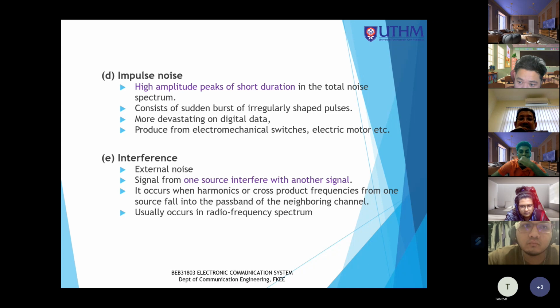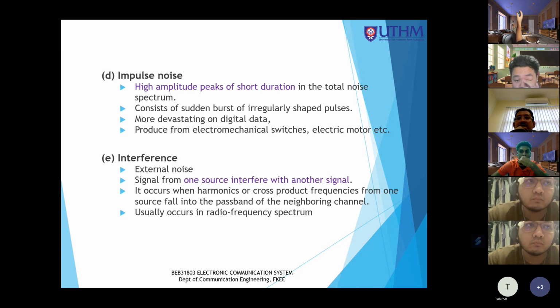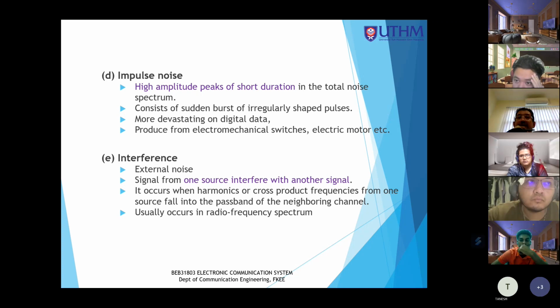So it consists of sudden bursts of irregularly shaped pulses. So impulse noise ni adalah satu noise yang mempunyai amplitude yang tinggi tetapi pada masa yang sangat singkat. Dia satu dentum yang kuat yang disebabkan oleh beberapa aktiviti, contohnya electromechanical switches, electric motor dan sebagainya.